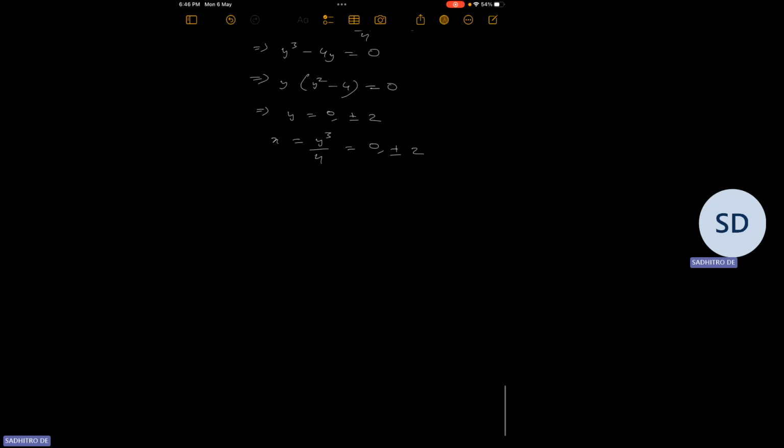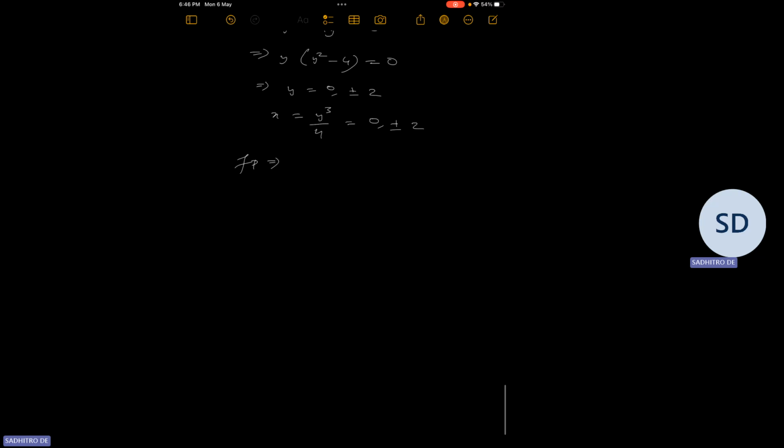So the fixed points of the system are (0, 0), (2, 2) and (minus 2, minus 2).